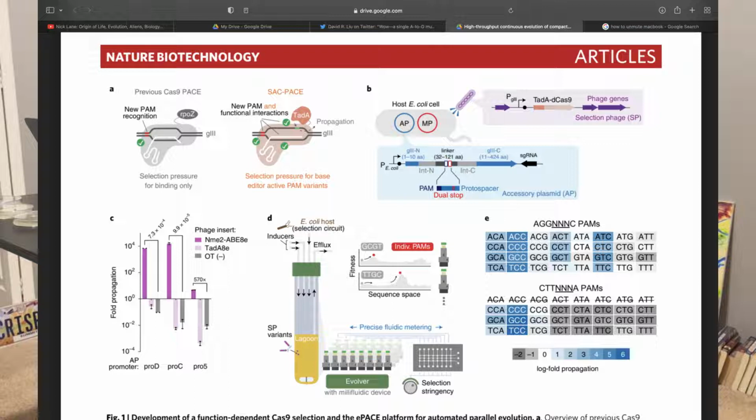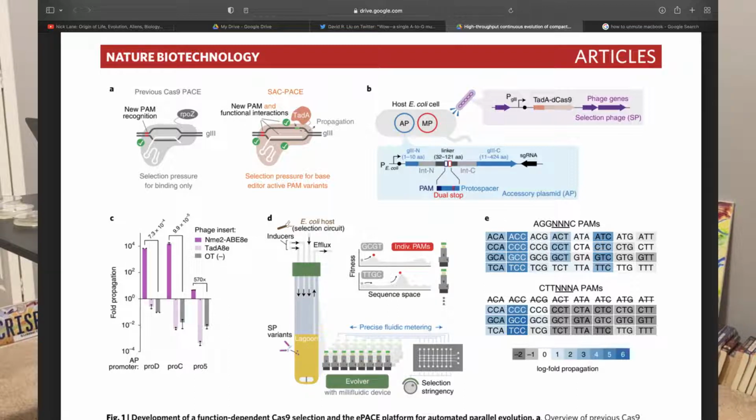So it looks like they did a couple different directed evolution circuits. They did one for just the new PAM sequence recognition, and then they tacked their adenine deaminase on the TATA and started optimizing for a base editor.